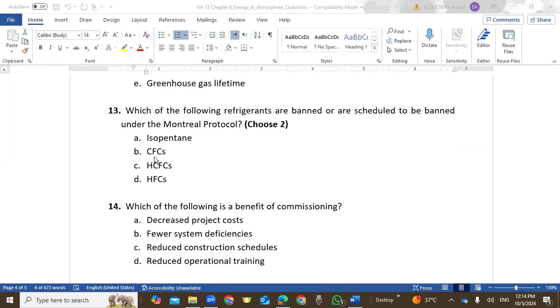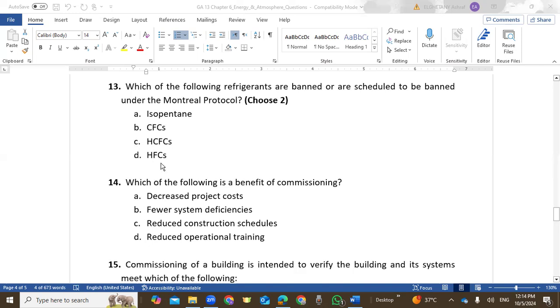Okay, excellent. I can see good answers, which are CFCs and HCFCs. HCFC, not HFC, of course. CFC was banned by 2010, HCFC will be banned by 2030 based on the Montreal Protocol. So the answer is B and C. Or C and B, no issue, also correct.